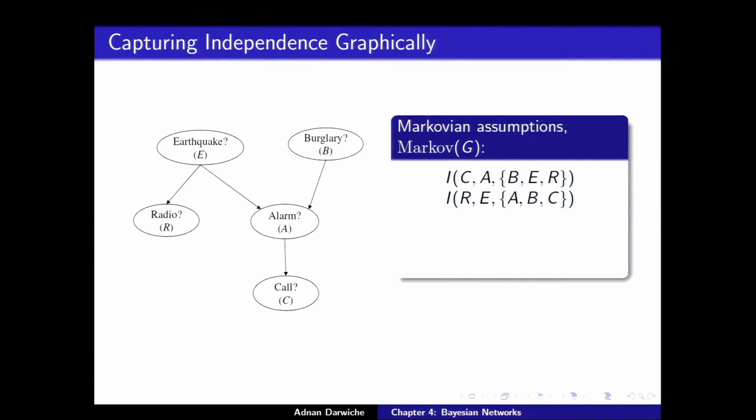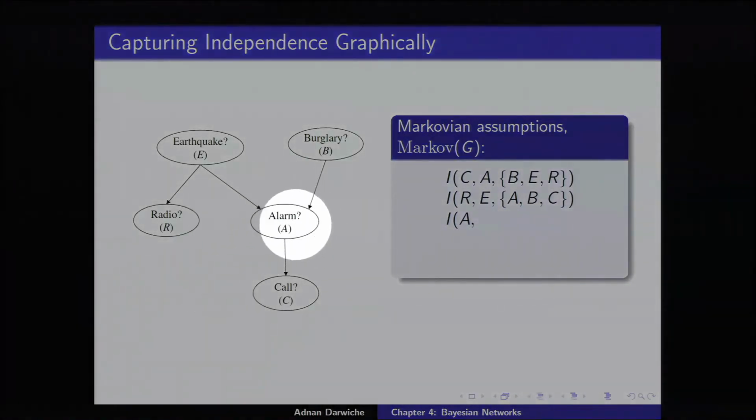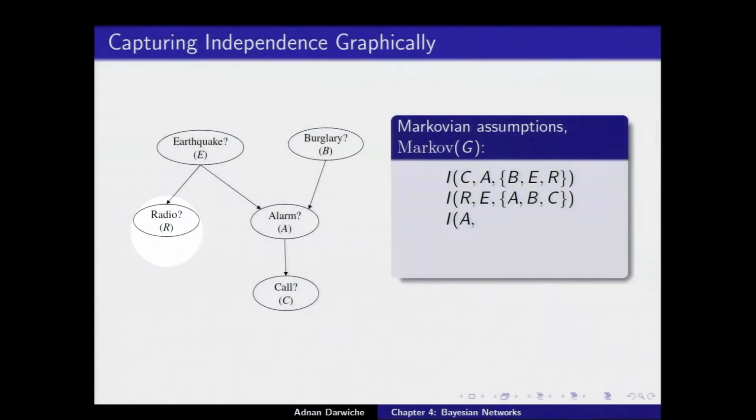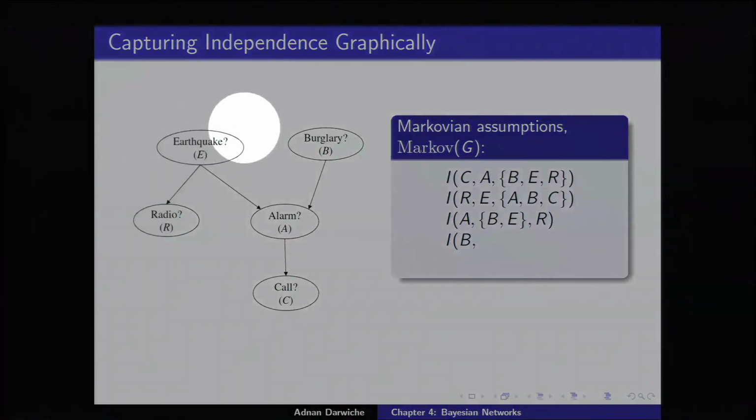And now let's go to variable A. So A is here. And in this case, the parents are E and B. And what are the non-descendants? Only one guy, which is this, right? That's R. Excellent. And that's another independence statement. And now we're going to do B, right? So parents, nothing, empty set.